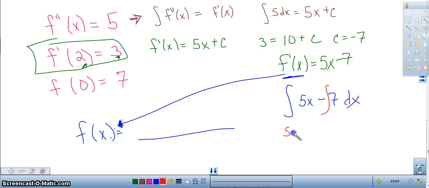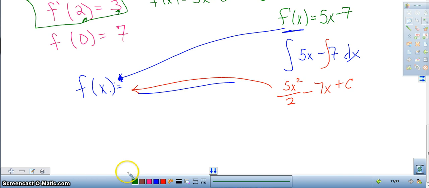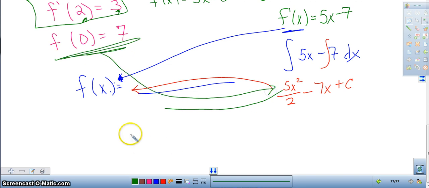This gives me 5x squared over 2 minus 7x plus c. So this is my original f(x), but I still need to find c. What did they give me that will help me find c? We have to use this information to find c over here. Lots of arrows and lines.